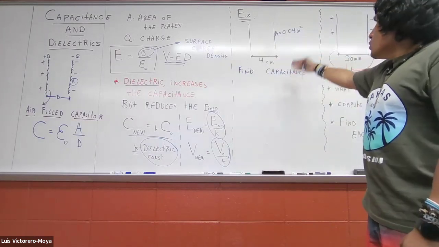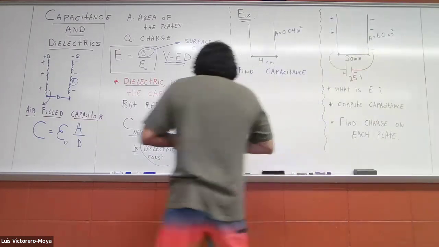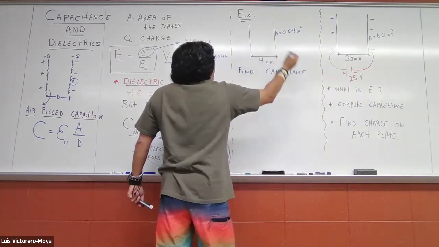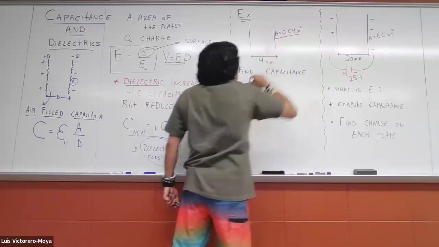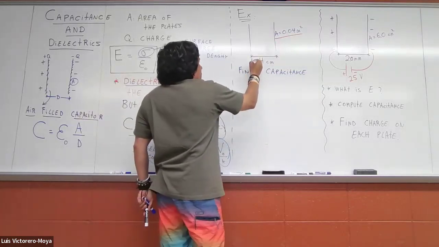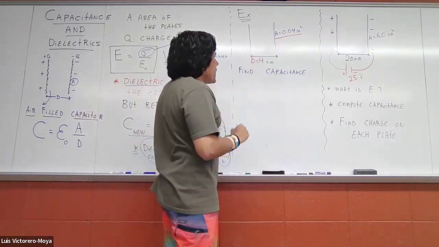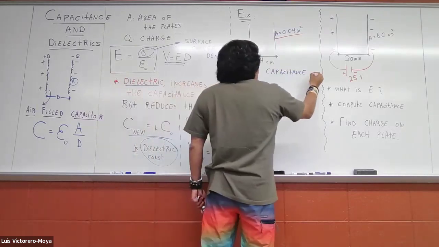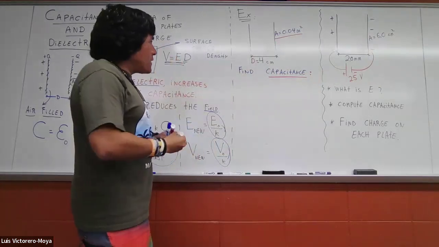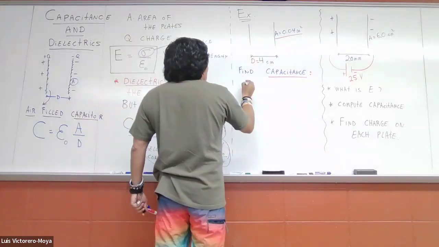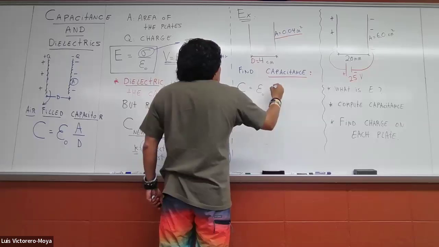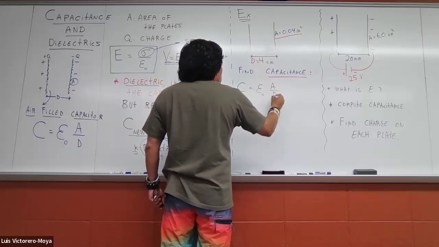Here, you have a capacitor with parallel plates with area 0.04 meters squared and a distance between the plates of 4 centimeters. They ask you to find the capacitance. To find the capacitance of a parallel plate capacitor, we can use in this problem this equation, right?